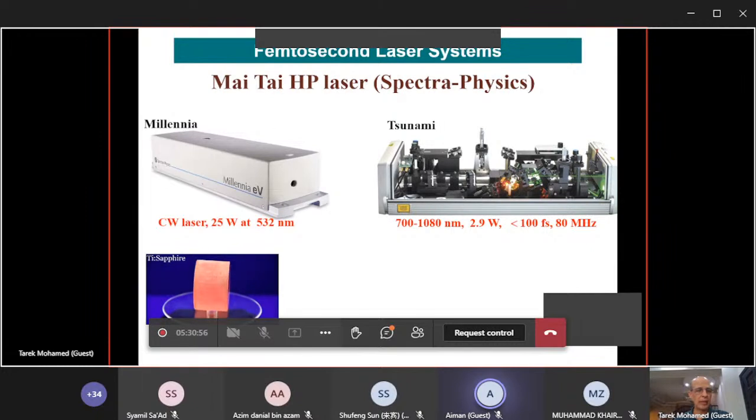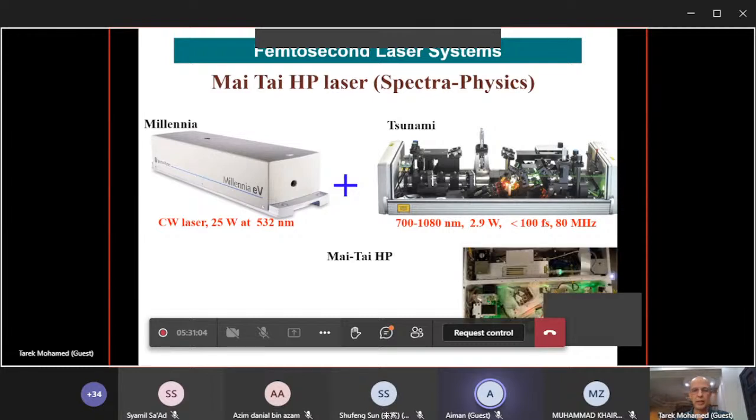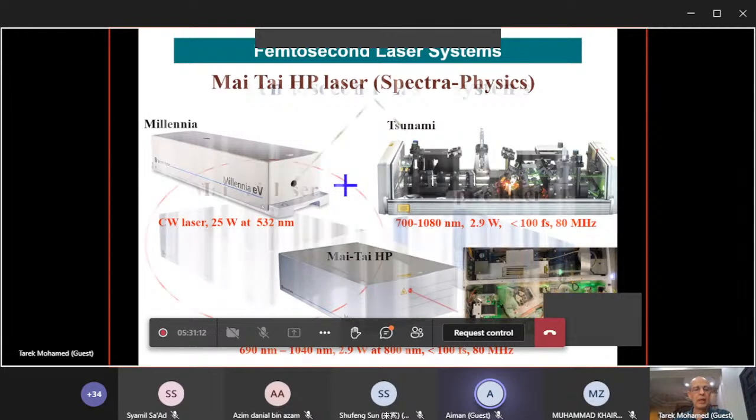This is mainly based on titanium sapphire as active medium. So they merged 2 of them together, the Millennia and Tsunami, and finally we have just one box with these 2 lasers. It's very compact and it's a very nice femtosecond laser system.